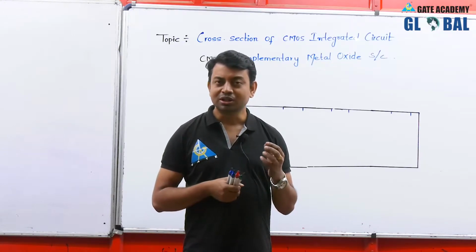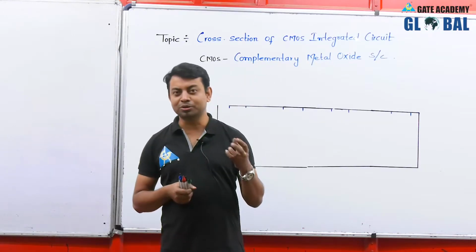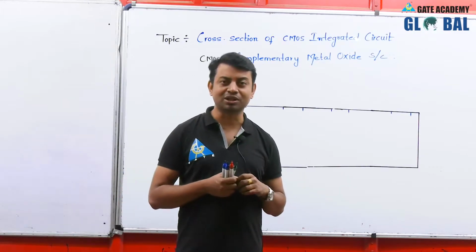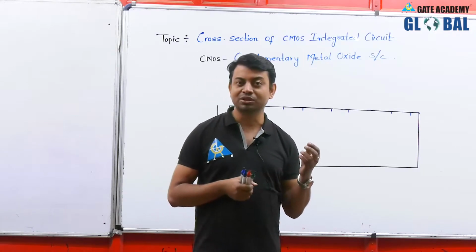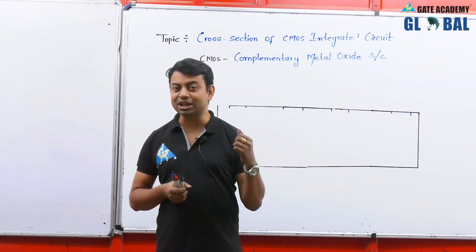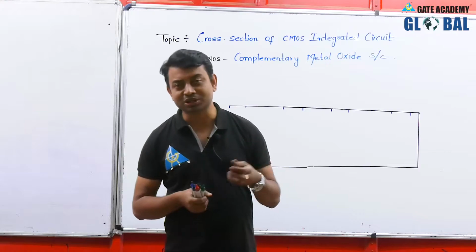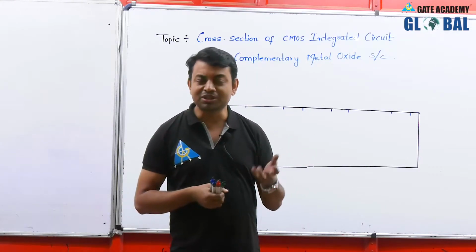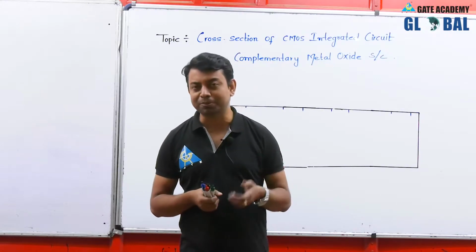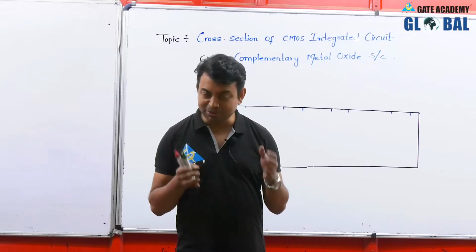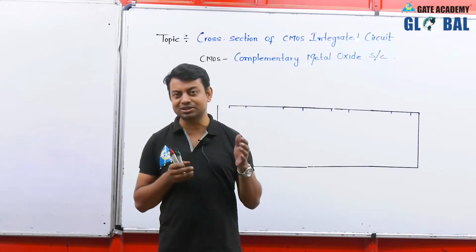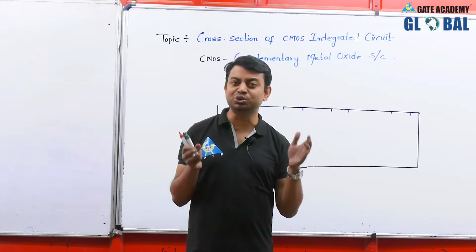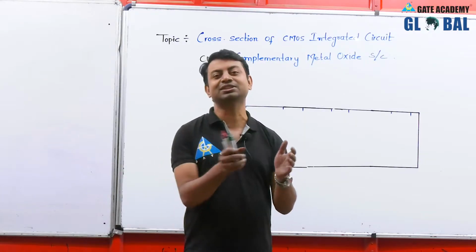The devices which have been replaced by this CMOS circuitry are diodes, BJTs, everything, or we can say capacitors, resistors. These elements are also replaced by CMOS, and CMOS is nowadays the most widely used device in integrated circuits, ICs.